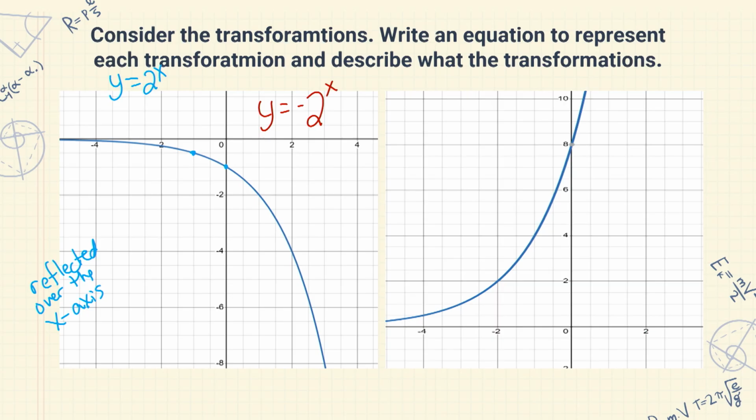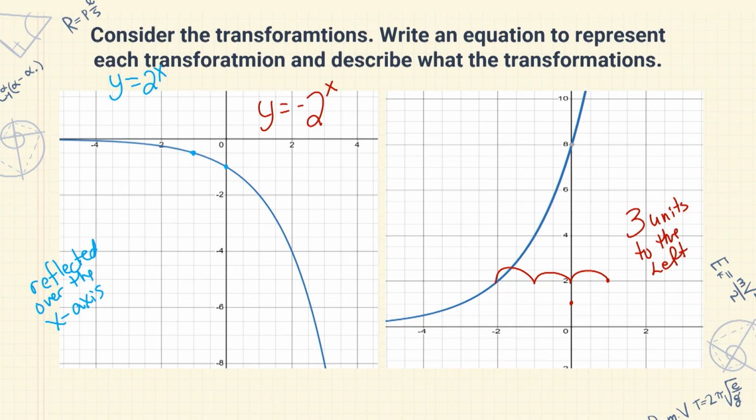So they were here and here. So what happened? Let's use this one. How many did I go to the left? So this is 1, 2. So I went 3 units to the left.